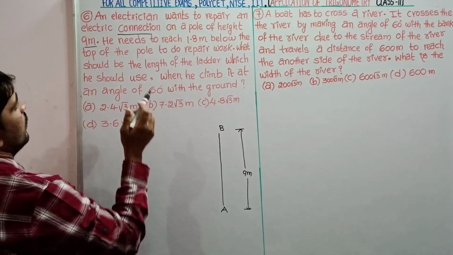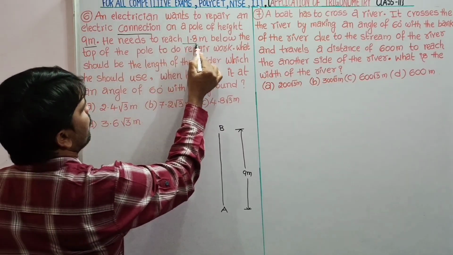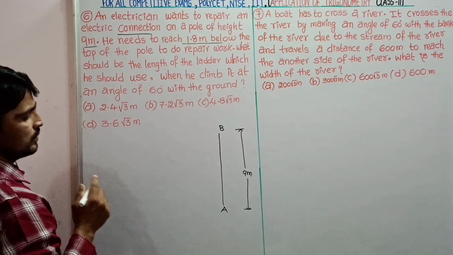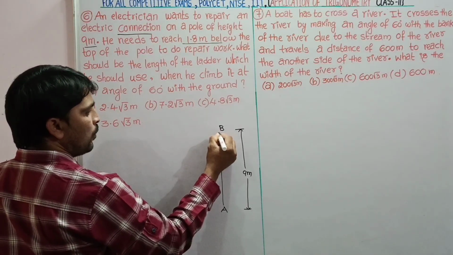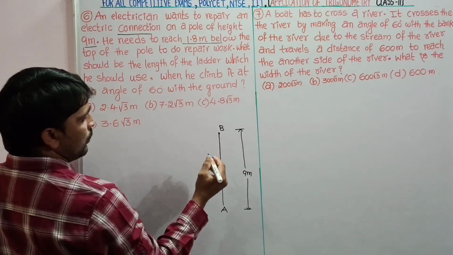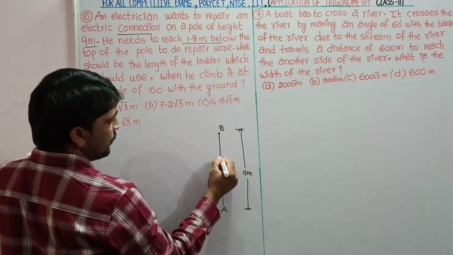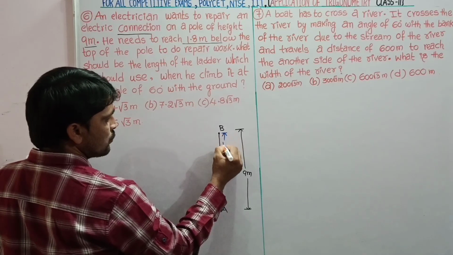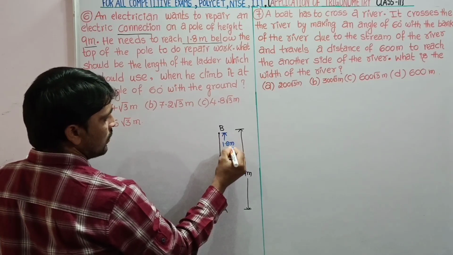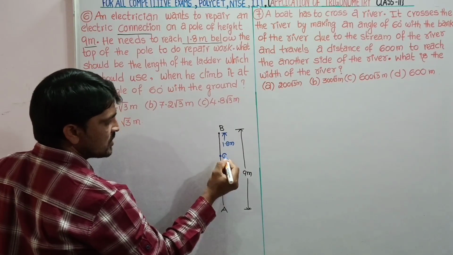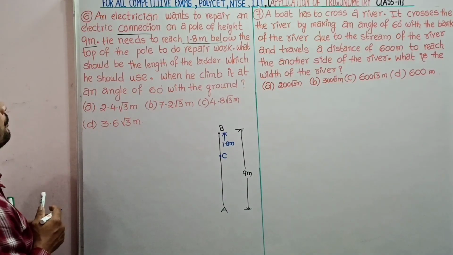He needs to reach 1.8 meter below the top of the pole to do the repair work. This is the top of the pole, but electrician wants to reach 1.8 meter below. So consider this length is 1.8 meter. So electrician wants to repair at the point C on the pole.